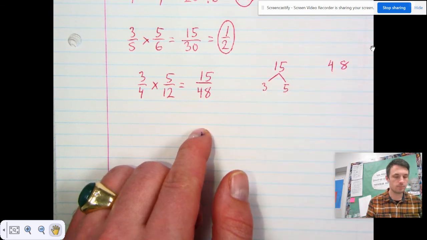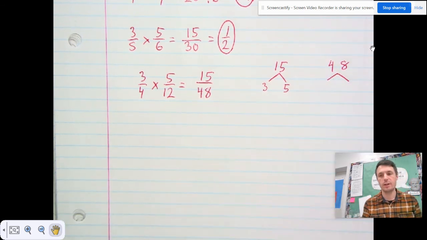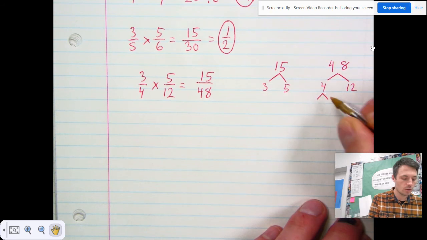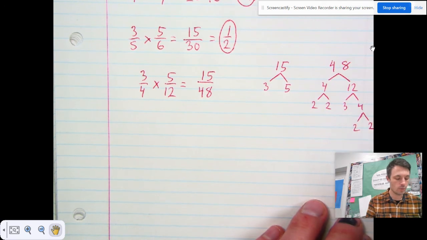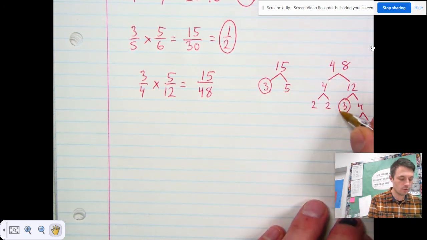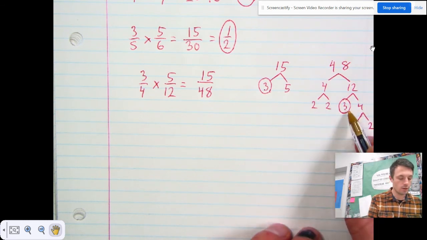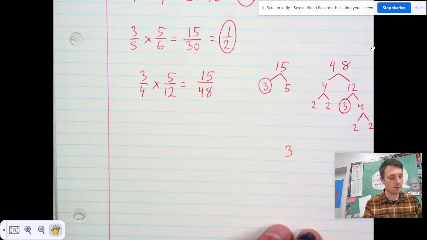3 times 5 is 15. Okay, now pick any two numbers that can be multiplied together to equal 48. Let's do 4 times 12, and then you can do 2 times 2 is 4, 3 times 4 is 12, 2 times 2 is 4. And this 3 and this 3, you can match this 3 with this 3, so you put one 3 in the list.